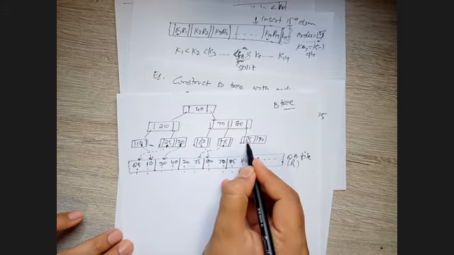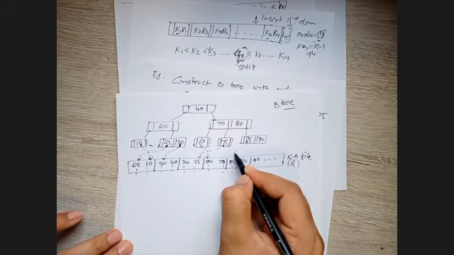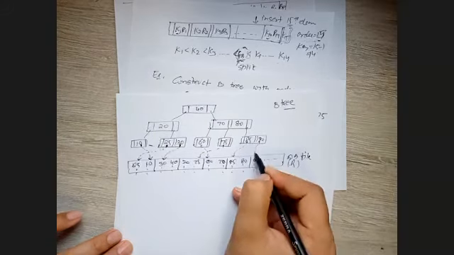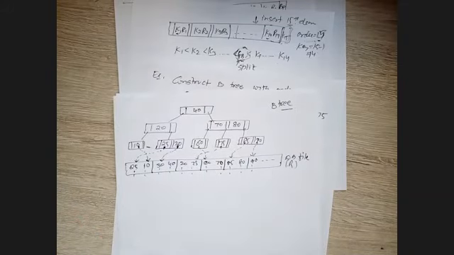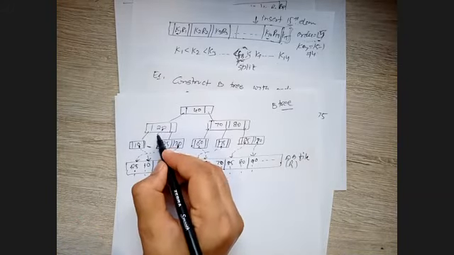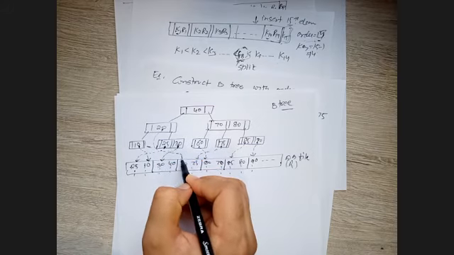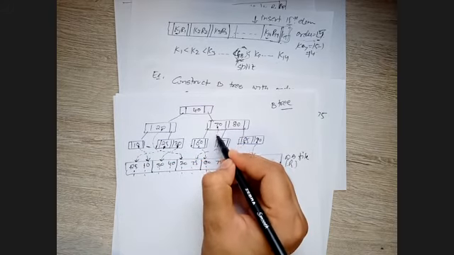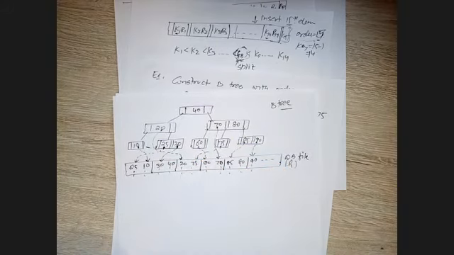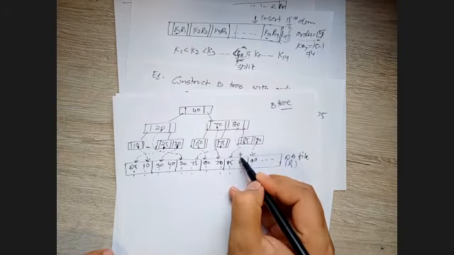In this way, we construct this part, and for all the nodes, whatever data you have. So for 20, we'll go here, 70, we will go over here this way. For 80, we'll go over here, right?